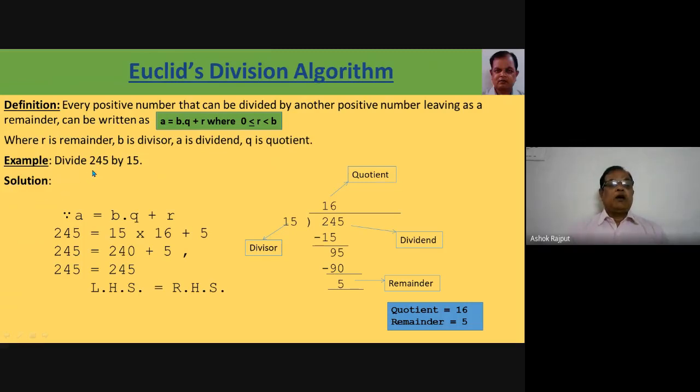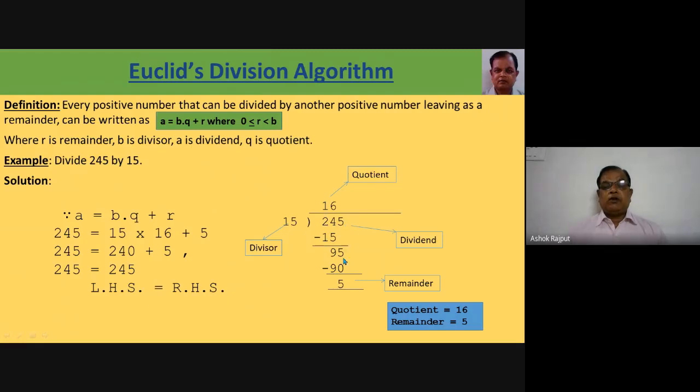Example: divide 245 by 15. First we divide it, then we apply this algorithm. 15 ones are 15. We subtract: 24 minus 15, 14 minus 5, equals 9 remains. 1 minus 1, 0.